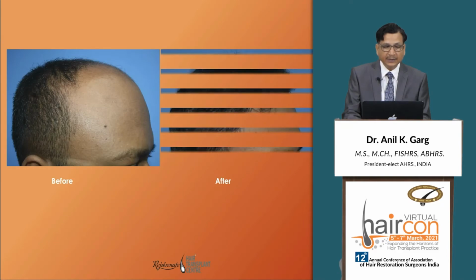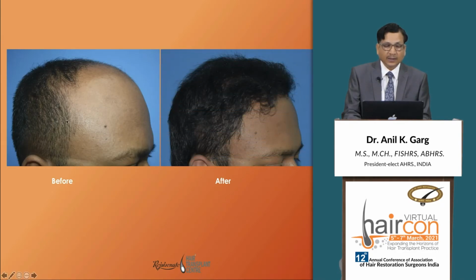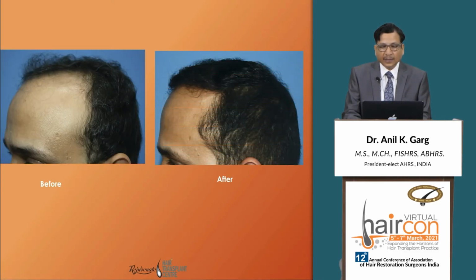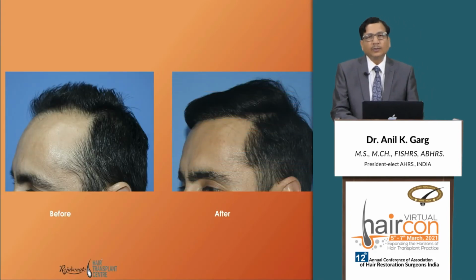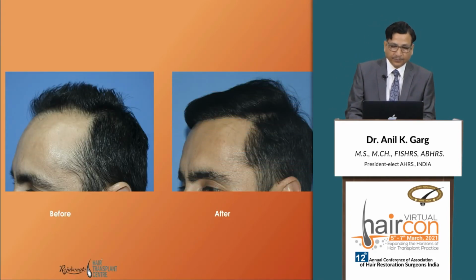This is another case, advanced receding of the temporal area. I created a conservative one without making the ideal, which I can do later on. Another, again, I created the temporal fringe but in low density. Ideally, I should have put more graft. Third case, I created and gave reasonable density.